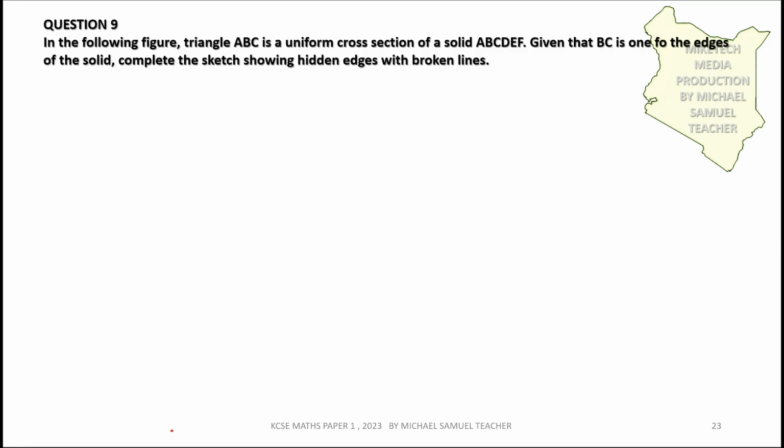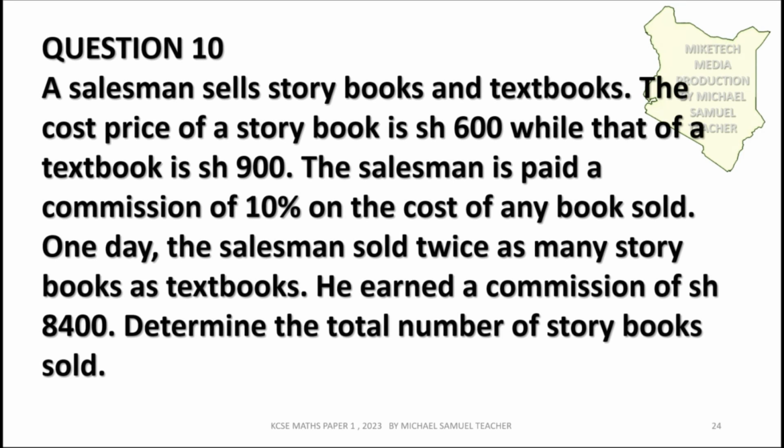So move on. Question 10. A salesman sells storybooks and textbooks. The cost price of a storybook is 600 shillings, while that of a textbook is 900 shillings.